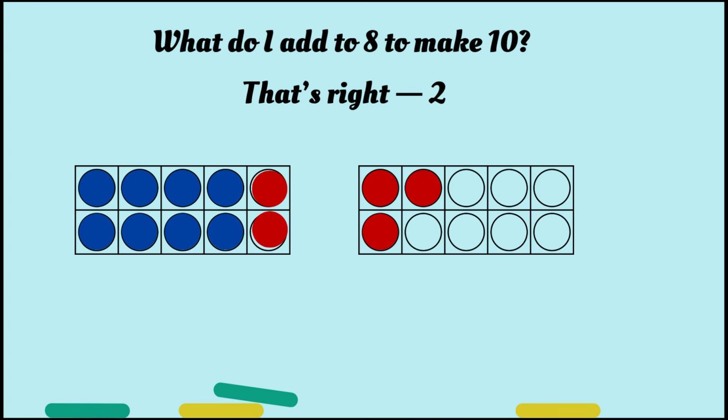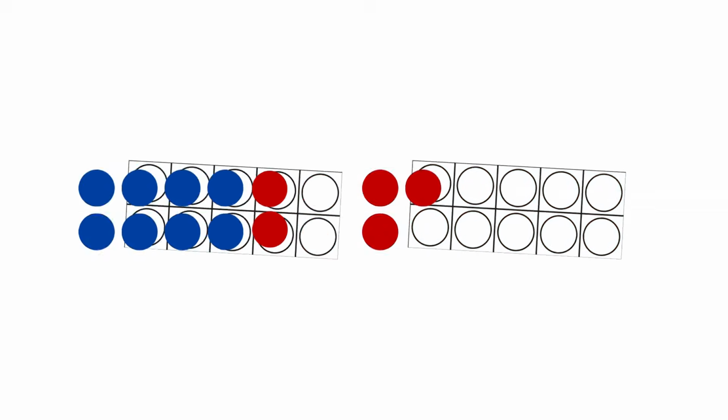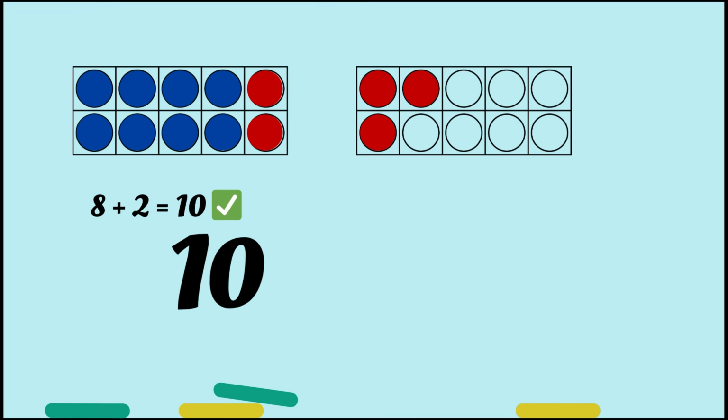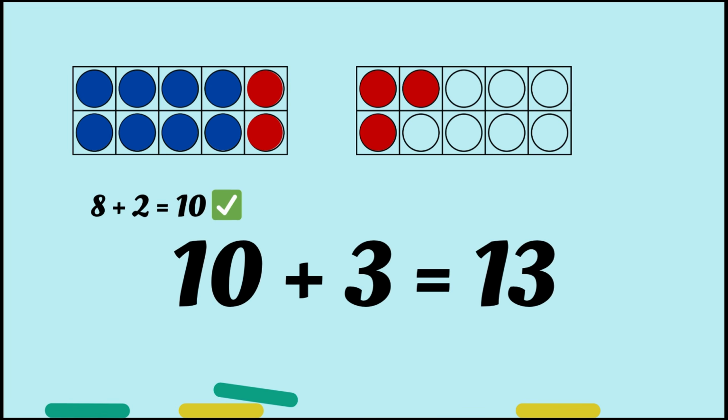Then, that 2 will get added with 8, which will make it 10. And then, the remaining 3 will be added into 10. So, 8 and 2 will be 10. And 10 and 3 will give us the answer 13.